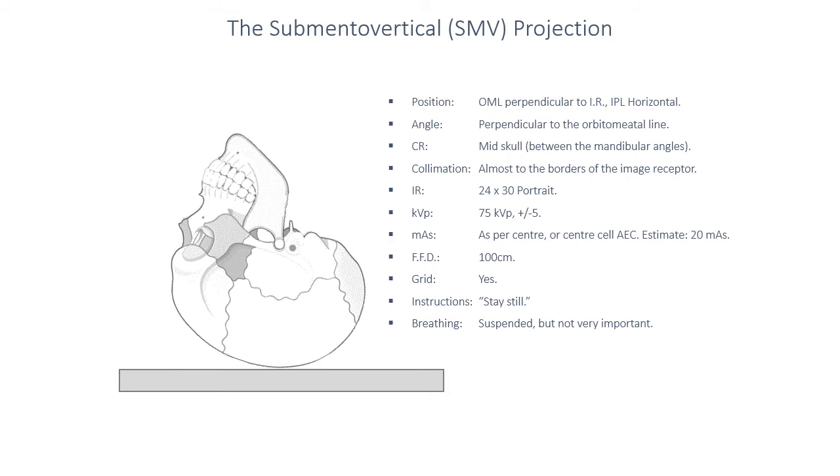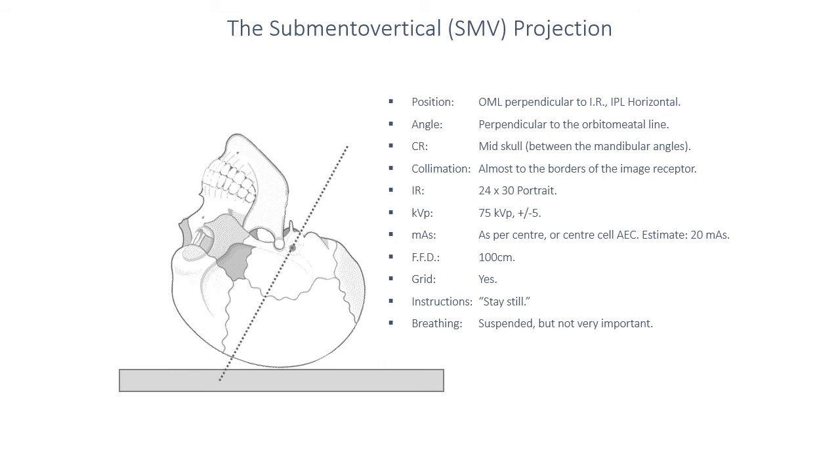The submentovertical projection can be performed with the patient starting in a seated to supine position, or it can be in an erect posture. I'll start with the supine positioning and then work on to the erect posture.